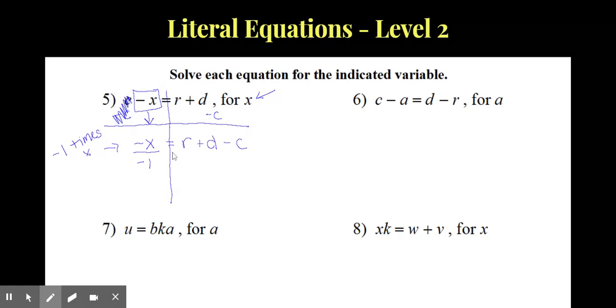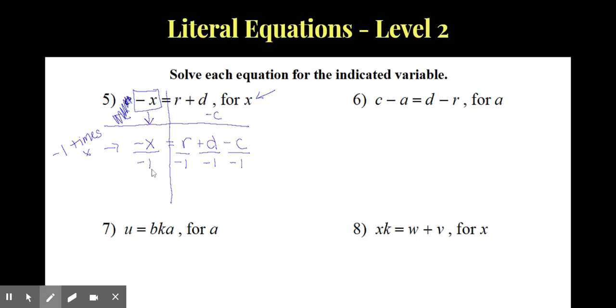Now, in the past, you've only had one term on each side of the equation when it came to division. This time, we have a lot of terms over on the right-hand side. So we are going to divide each of those by -1. Anything you do to one side, you have to do to everything on the other side. So we are dividing everything by -1.